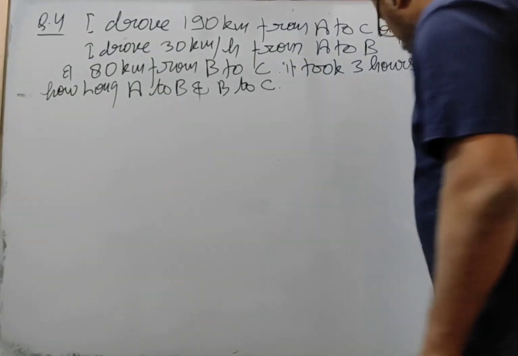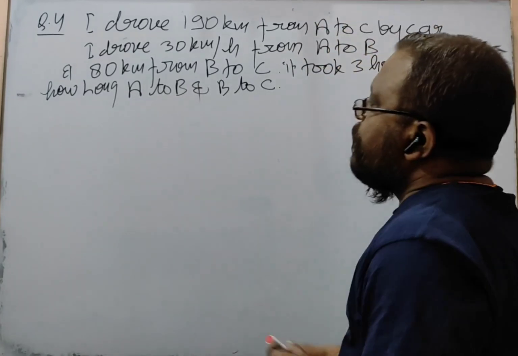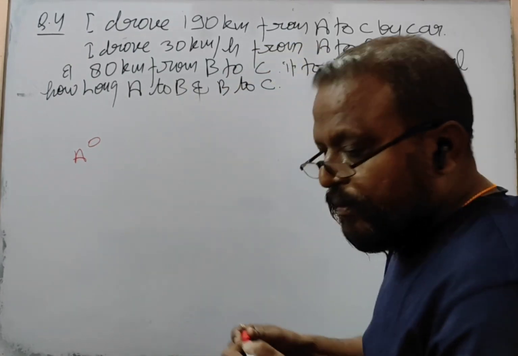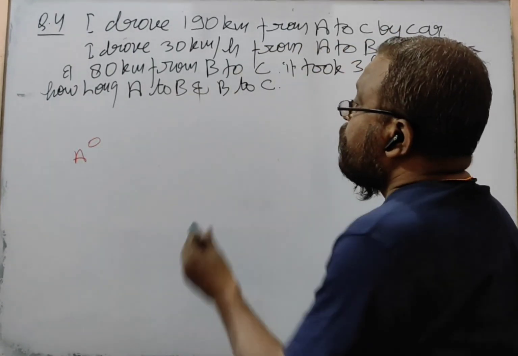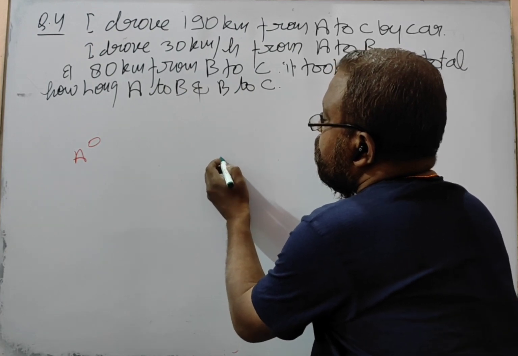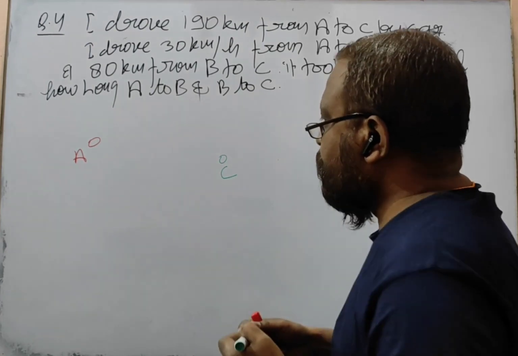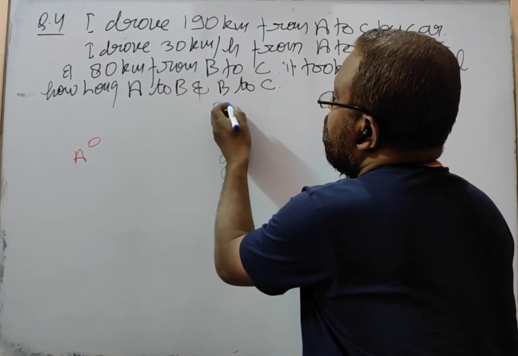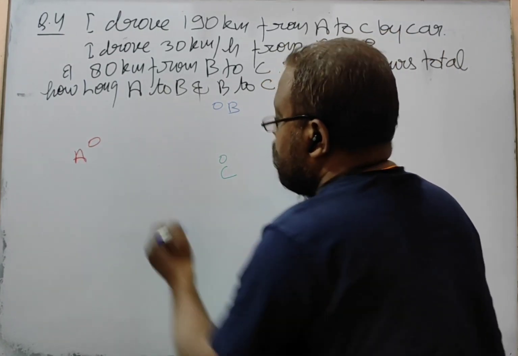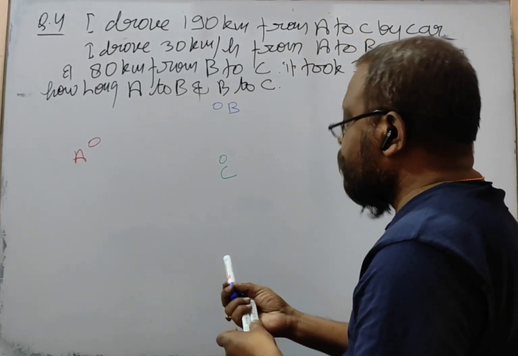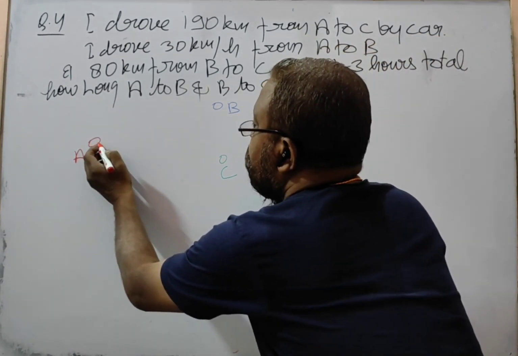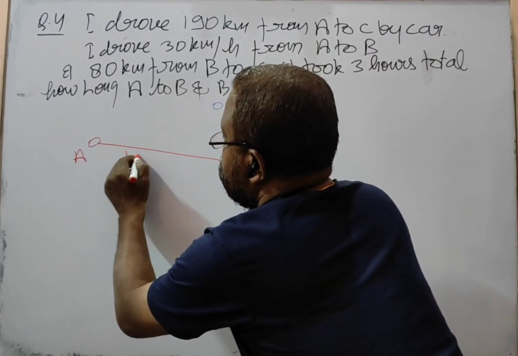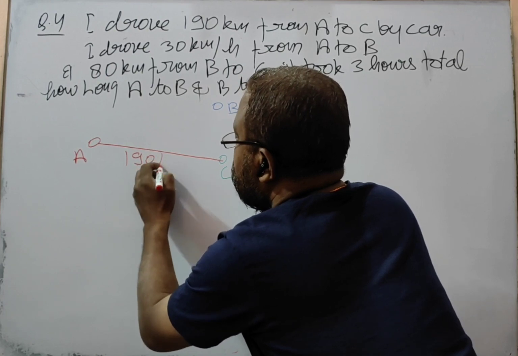You know, there is a point A, right? There is point C, right? And there is point B. So from A to C he travels 190 kilometers.